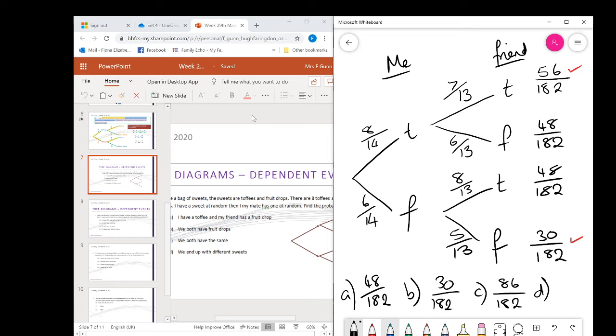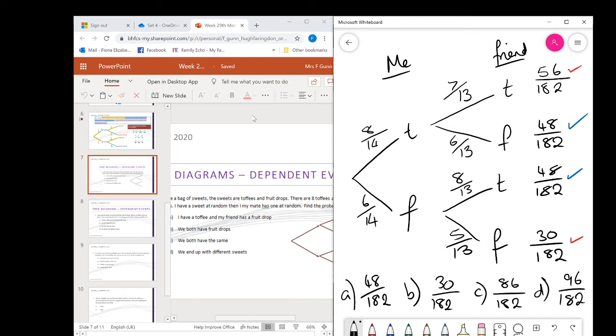And then we end up with different sweets, so I could get a toffee and my friend could get a fruit, or I could get a fruit and my friend could get a toffee, so that's those two. That's 96 over 182. Again, I can cancel that down if I want to. Okay, so hopefully you got that one right.